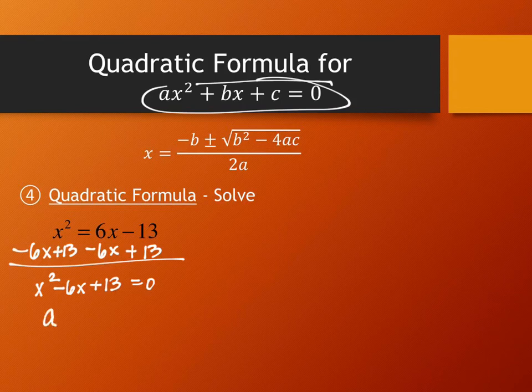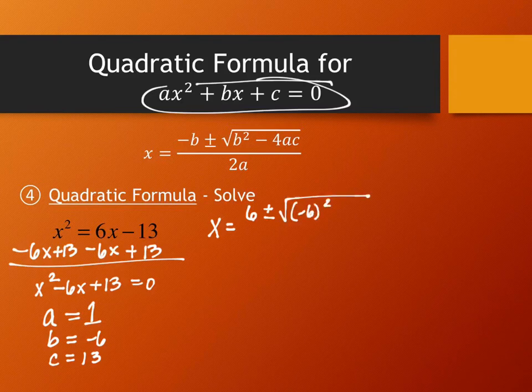So my A value is 1, my B value is negative 6, and my C value is 13. So we have x equals negative b, which would be positive 6, plus or minus the square root of b, which is negative 6 squared, minus 4, a is 1, c is 13, over 2 times a, which was 1.